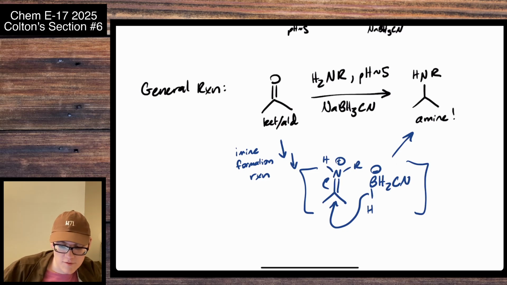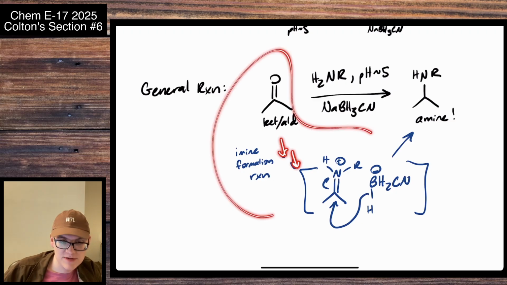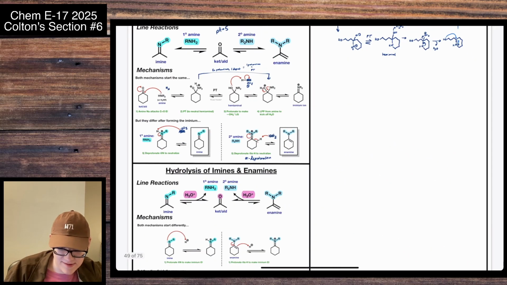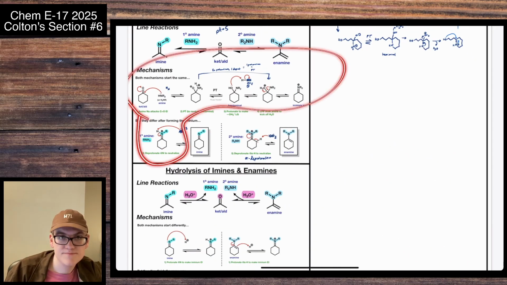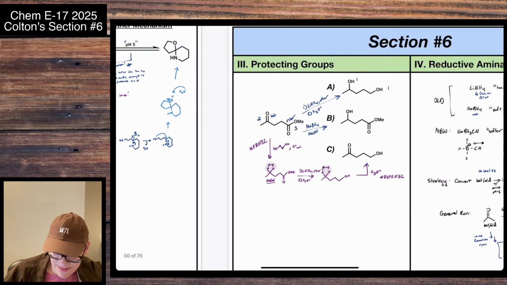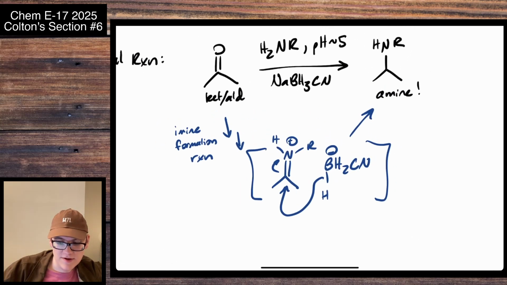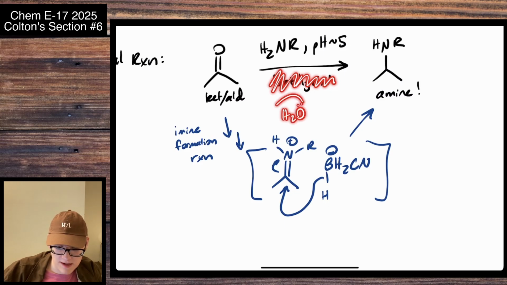The mechanism is: first you do the entire amine formation mechanism, straight up this whole mechanism here. The only difference, if we did not have NaBH3CN, is that in the last step water would come and deprotonate this, and you'd be done, you'd have an amine.